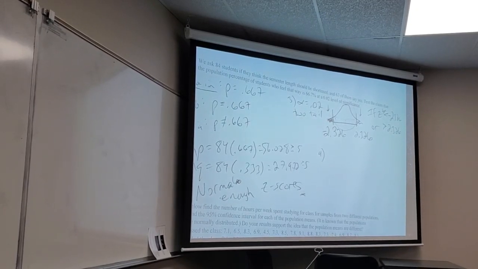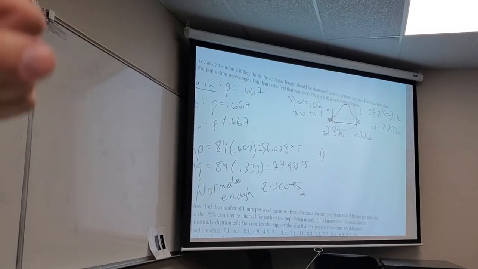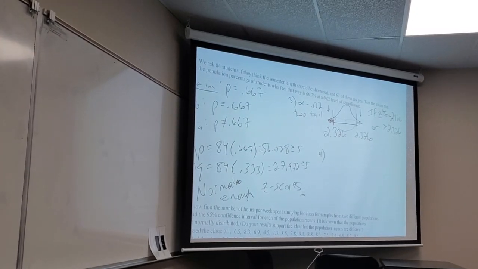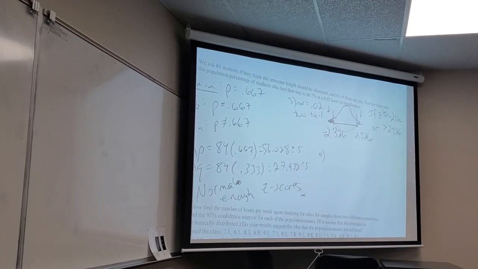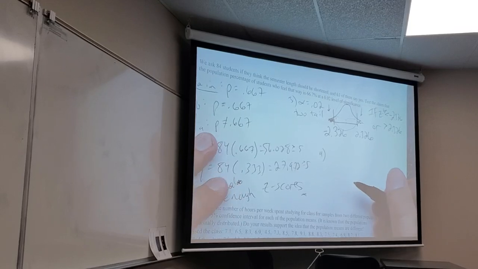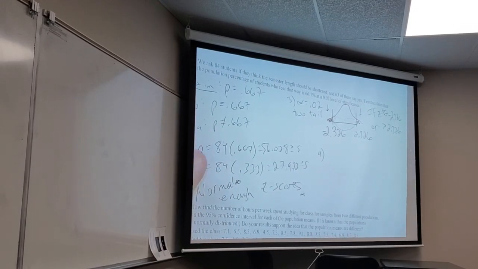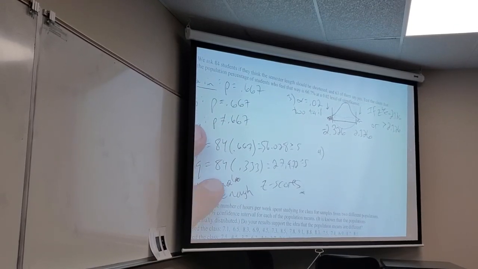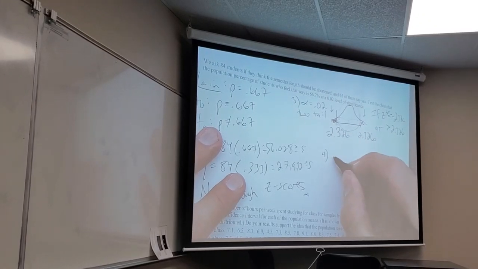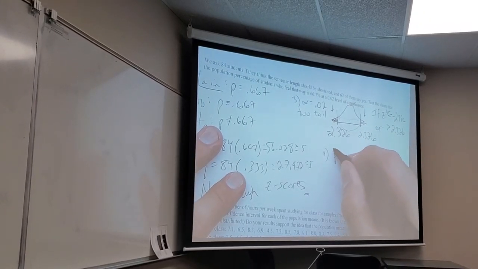Which one of those? There's a few. Probably the one that's got p's in it. So I want to use p hat minus p divided by square root of p. All right. So we got to calculate what? What do we have not calculated yet? P hat. Okay.